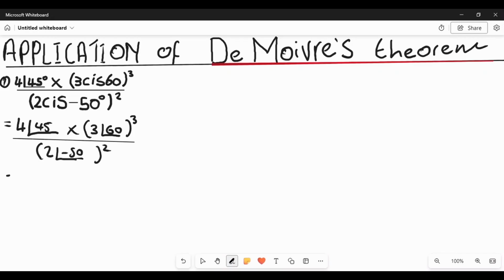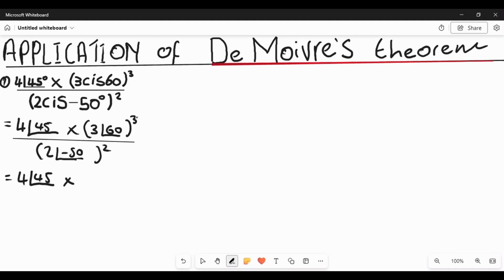Now, it's time for us to apply de Moivre's theorem. On this one here, it doesn't have any exponent, so we're just going to rewrite it as it is. So let's apply de Moivre on this one here.